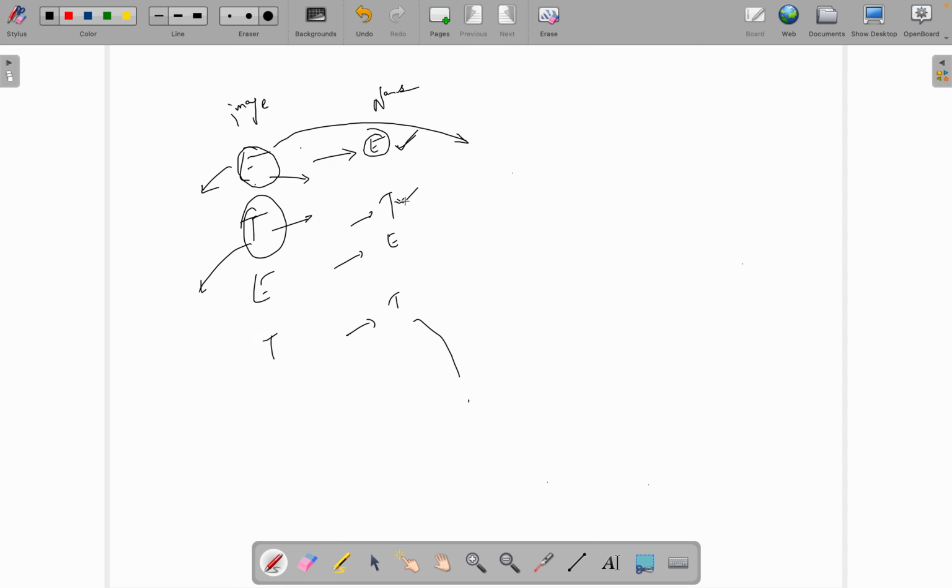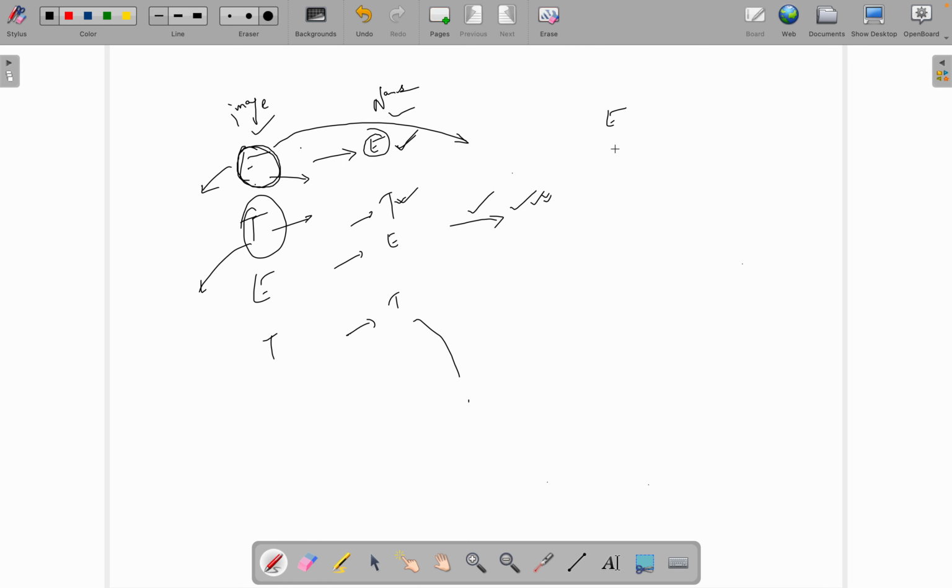Based on this, when you provide an image and ask what this image looks like, then based on those patterns, it will tell you that it looks like an elephant or it looks like a tiger. So this is called supervised learning. Supervised, why? Because we have given it training. We train it with these images and their respective labels. So this is supervised learning.